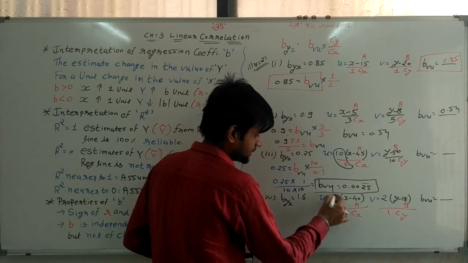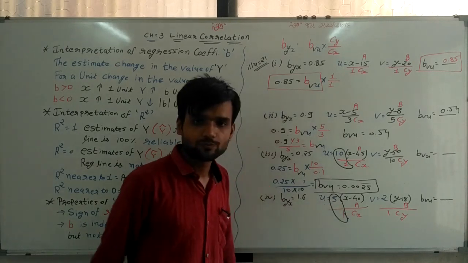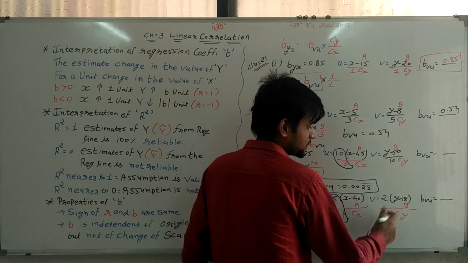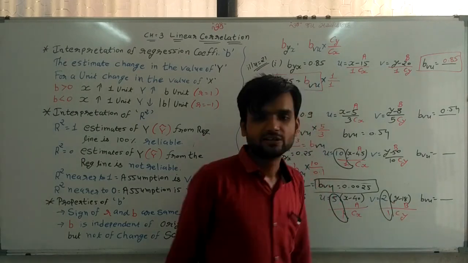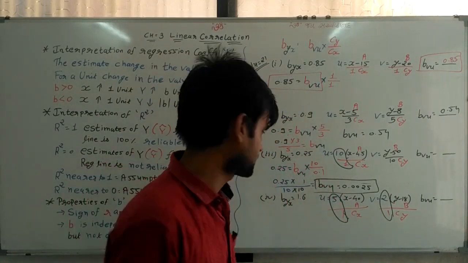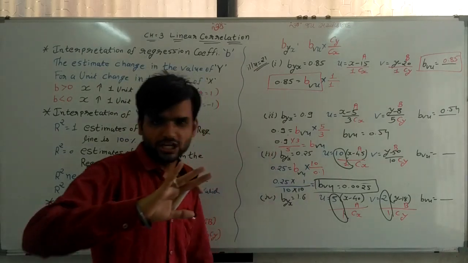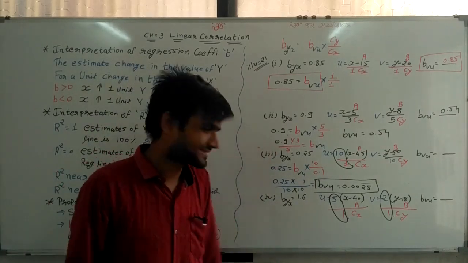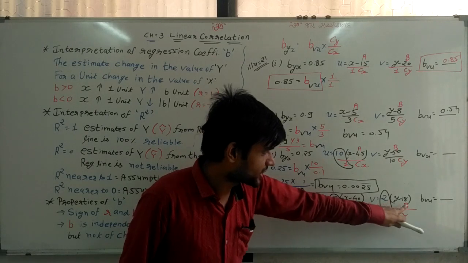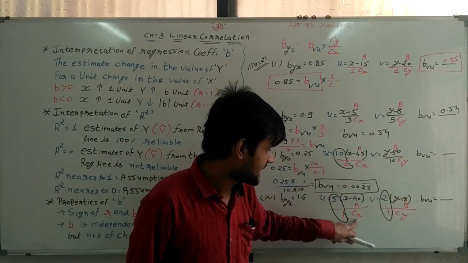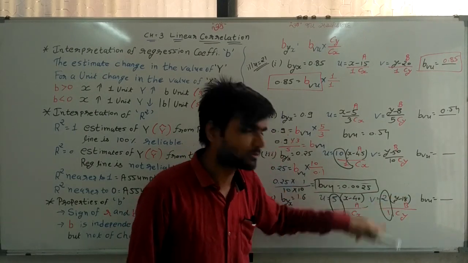CX is what? 1 by 5. Same way here, CY is not 1. It's 1 by 2. That is very important. So now we have again all the values. So A is equal to 40, B is equal to 18, CX is equal to 1 by 5, CY is equal to 1 by 2.